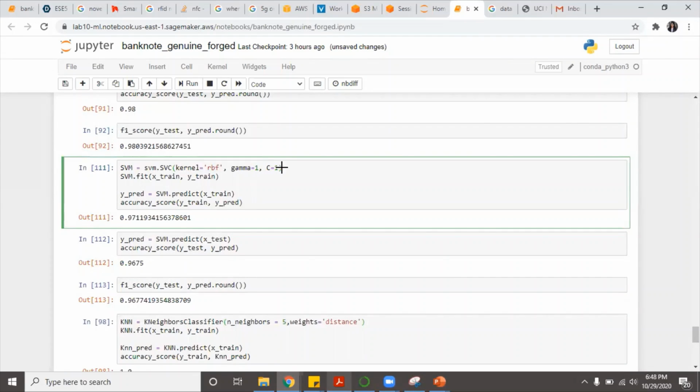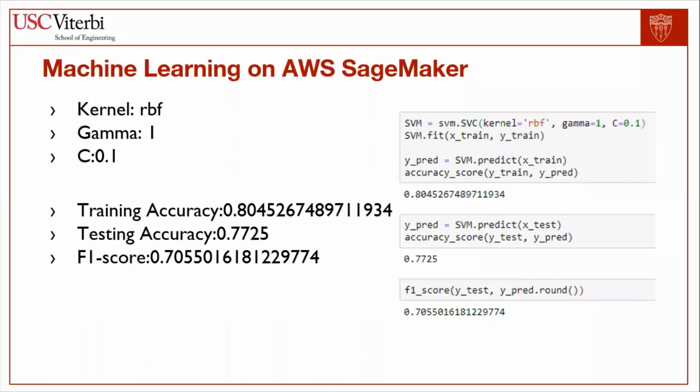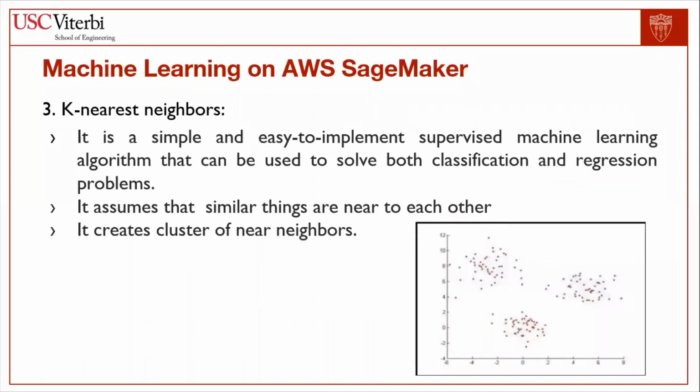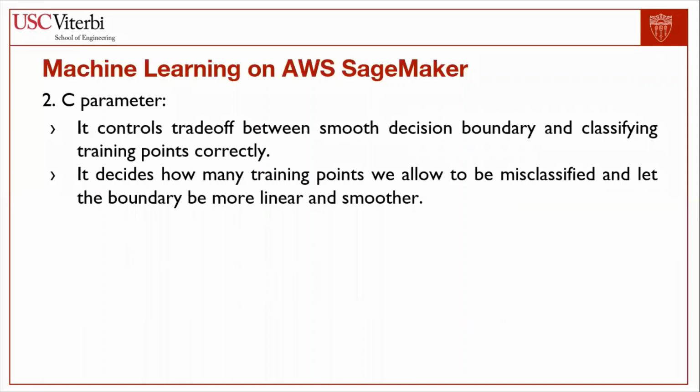Now let's go to C. What is C? The C parameter controls the trade-off between a smooth decision boundary and classifying training points correctly. It decides how many training points we allow to be misclassified, and lets the boundary be more linear or smoother.